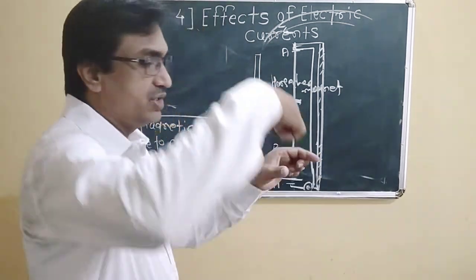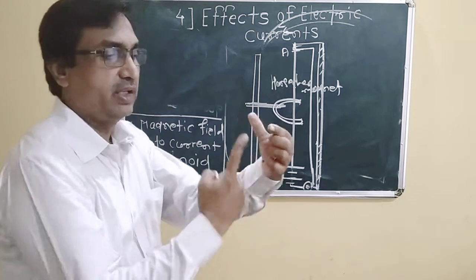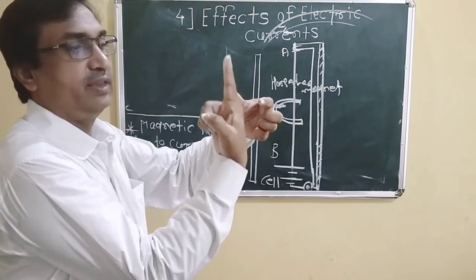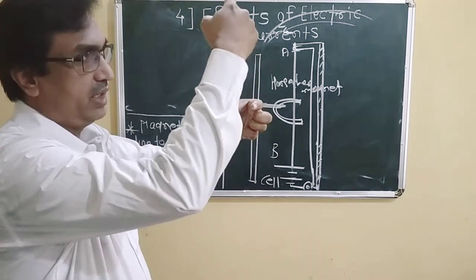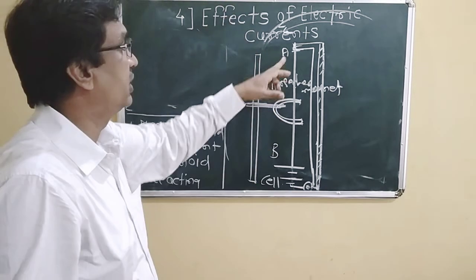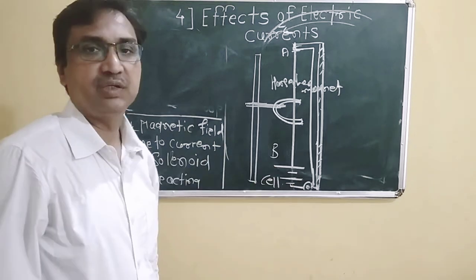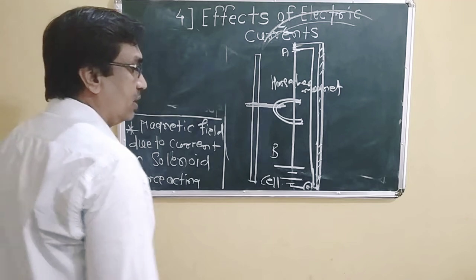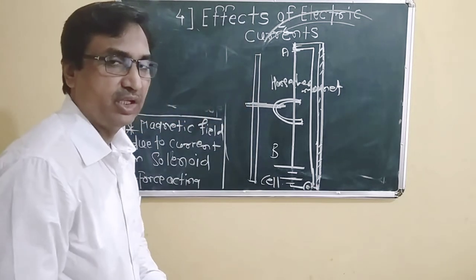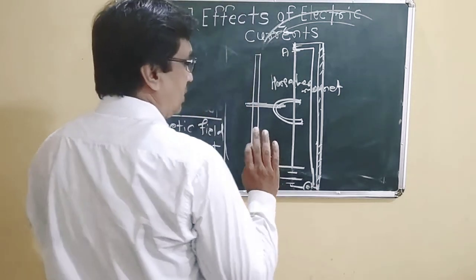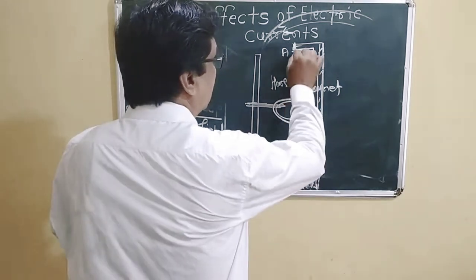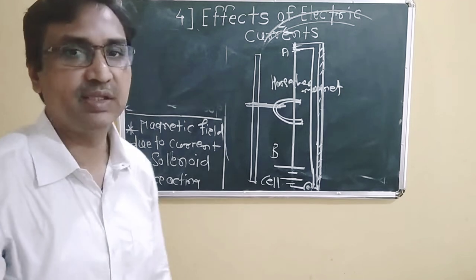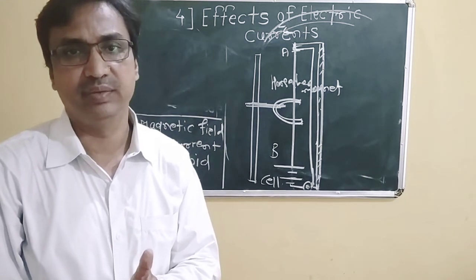This conducting wire is passing through the horseshoe magnet. We have to adjust it like that, and when current is not passing through it, we can see that this cable remains as it is. There is no force acting on the wire.